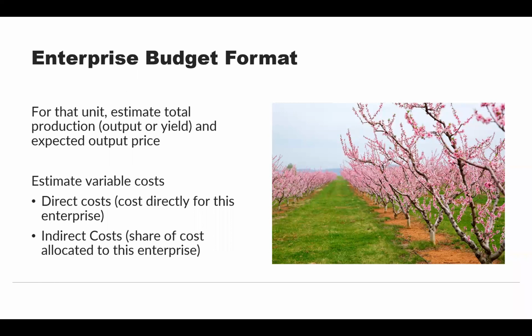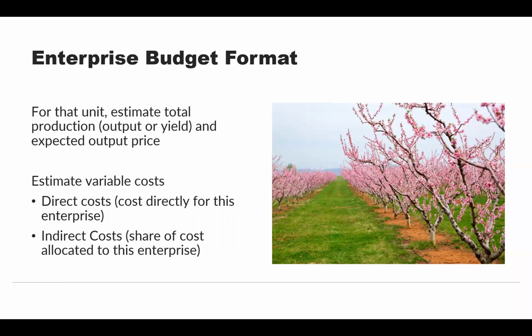If the usage of that input is small, or if the cost of that input is a minor cost overall, a ballpark estimation is probably good enough. An expense that's small could just be divided evenly among all your enterprises or allocated based on acres.